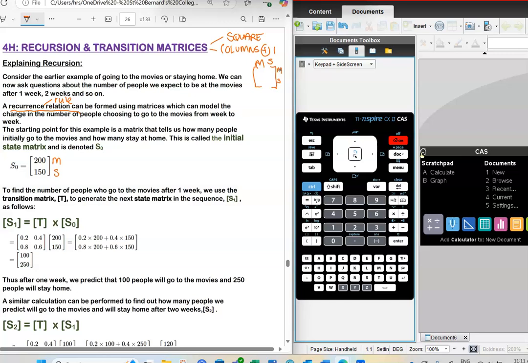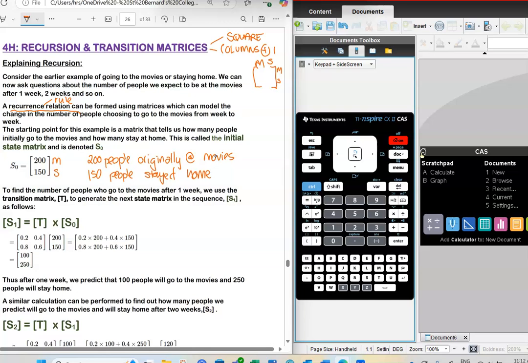So there were 200 people originally at the movies one week, and then 150 people stayed home. Okay, so this is what they call S0. So this is S meaning a state matrix. So a state matrix tells you the people.